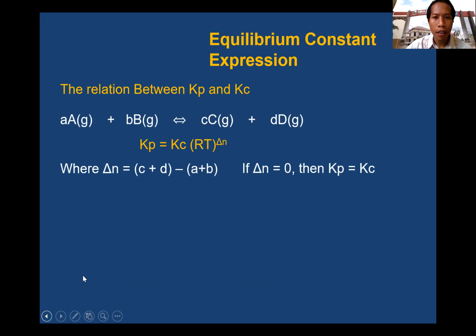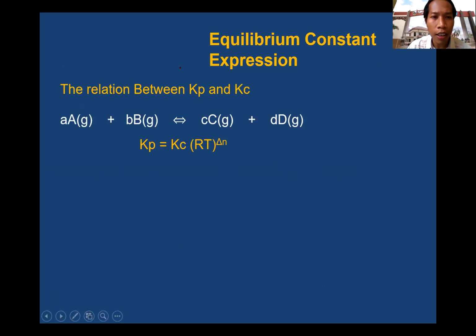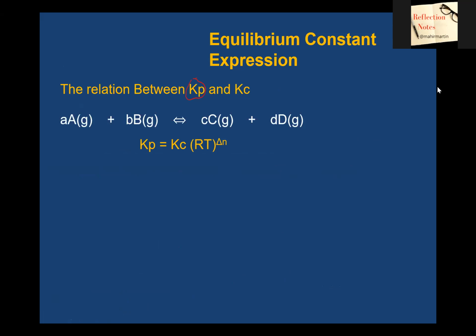All right. The next thing is we have another K value. Let me explain first, another K value before this one. We call this one KP. KP is different from KC.